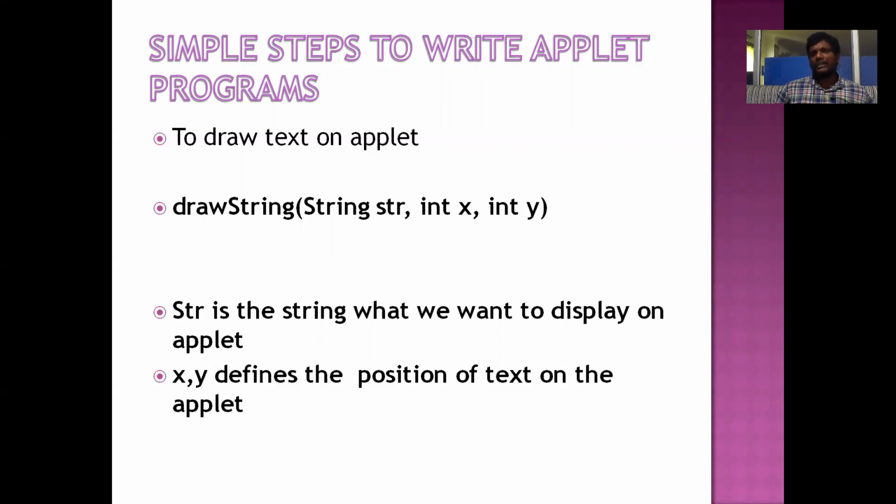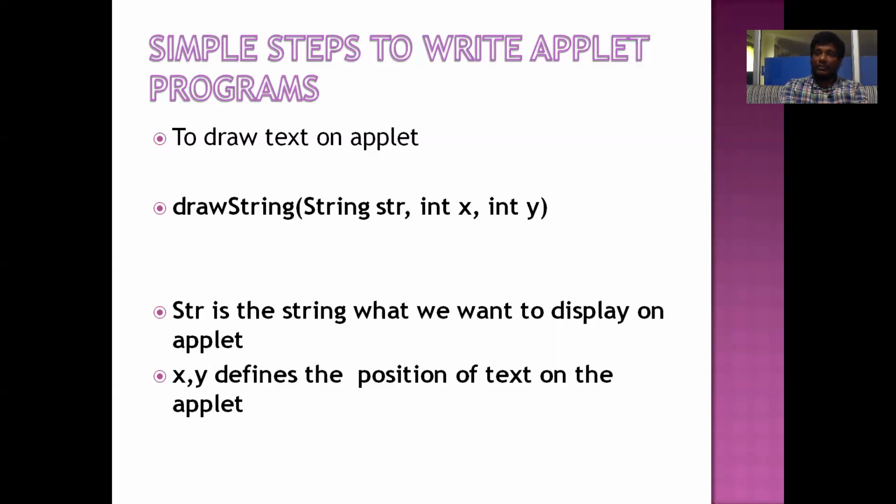This drawString method will take three parameters. While we are writing the drawString method, we should be careful. We have to mention three parameters. The name of the first parameter is str, and the data type of the first parameter is String. So we have to provide a string as the first parameter to the drawString method.